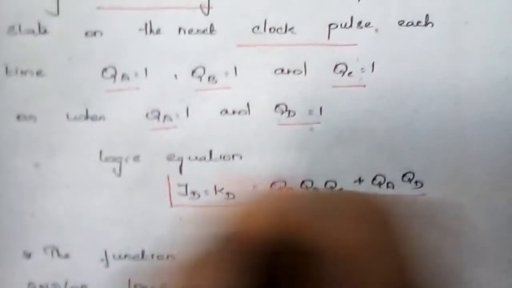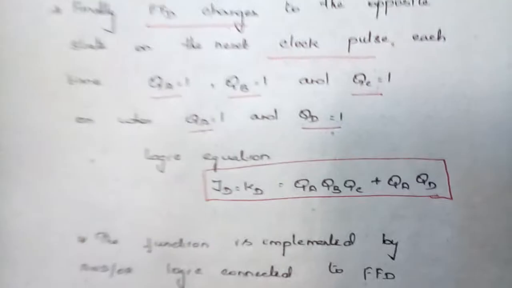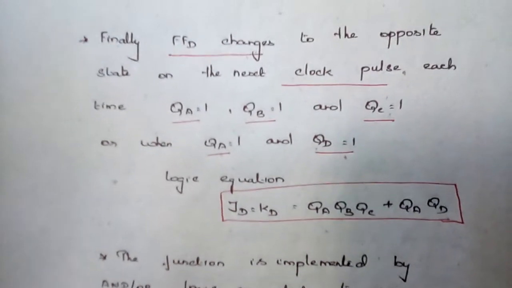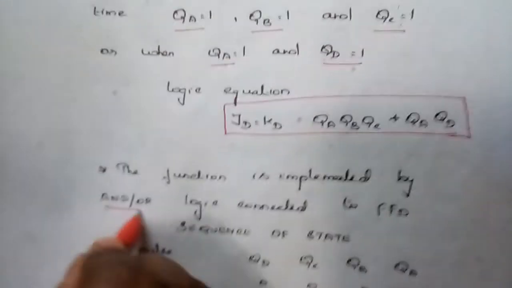For this logic, automatically flip-flop D changes its state, right? So this change of state is implemented by the AND-OR logic for flip-flop D, right?